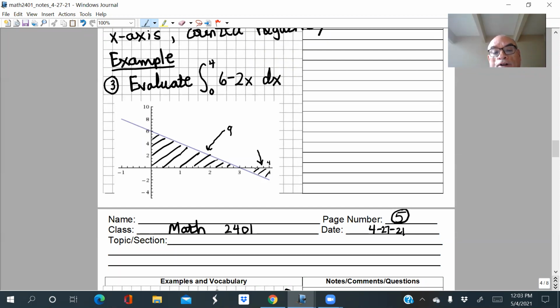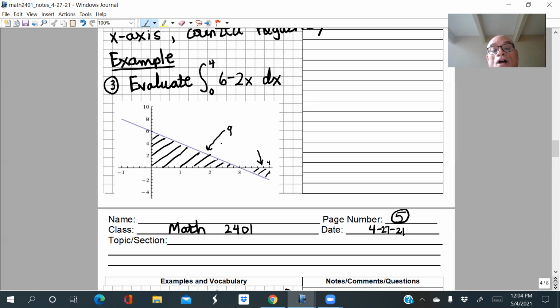But in calculus, we're going to be a little bit more sophisticated. So we're going to measure these areas below the x-axis as negative numbers. So altogether, this area under this curve from 0 up to 4 will include a positive part and a negative part. And those two are going to cancel each other out a little bit.